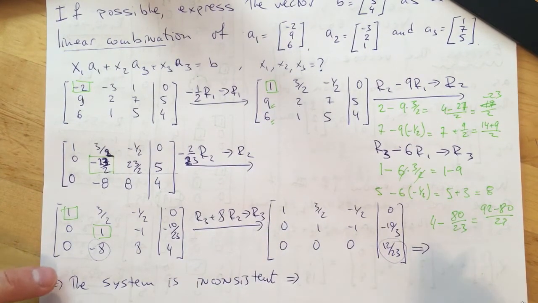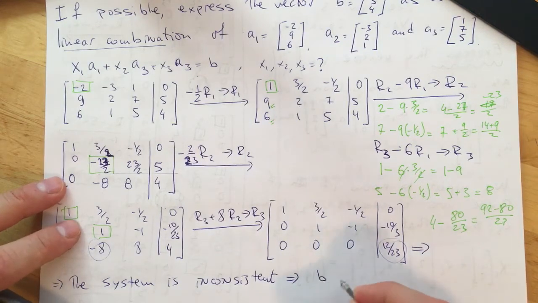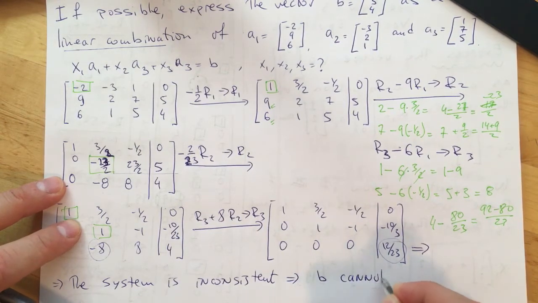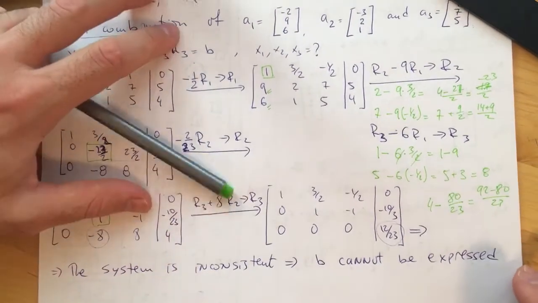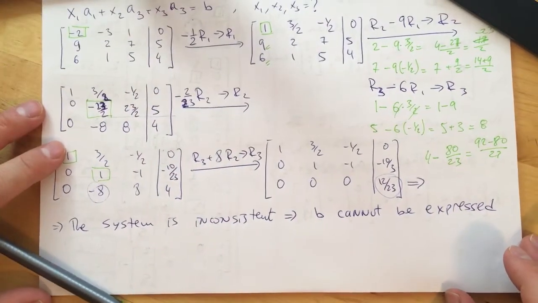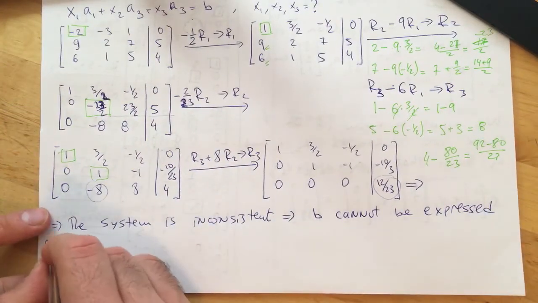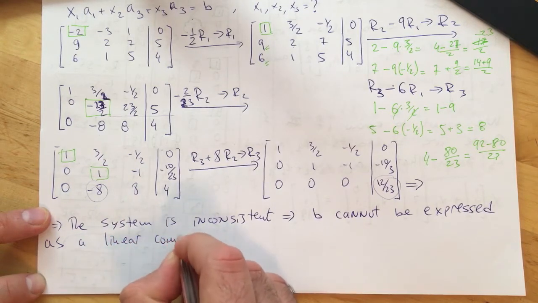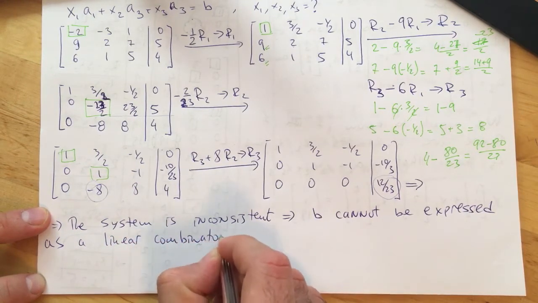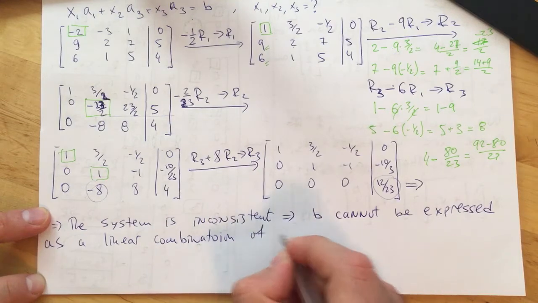Or in other words, b cannot be expressed as a linear combination of the given vectors.